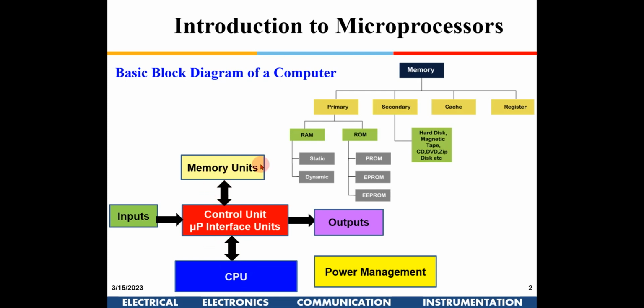We also require a memory unit wherein we write the programs, and the CPU can fetch data from the memory as well as write data into the memory. Finally the output of the computation can be sent either to the memory unit for storage, or to outputs like displays, speakers, printers and things like that. So this is what we discussed in the last class.